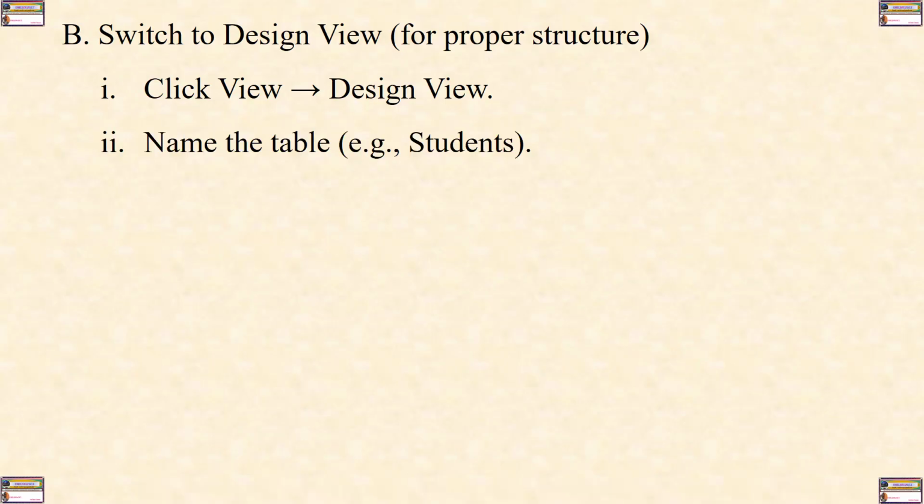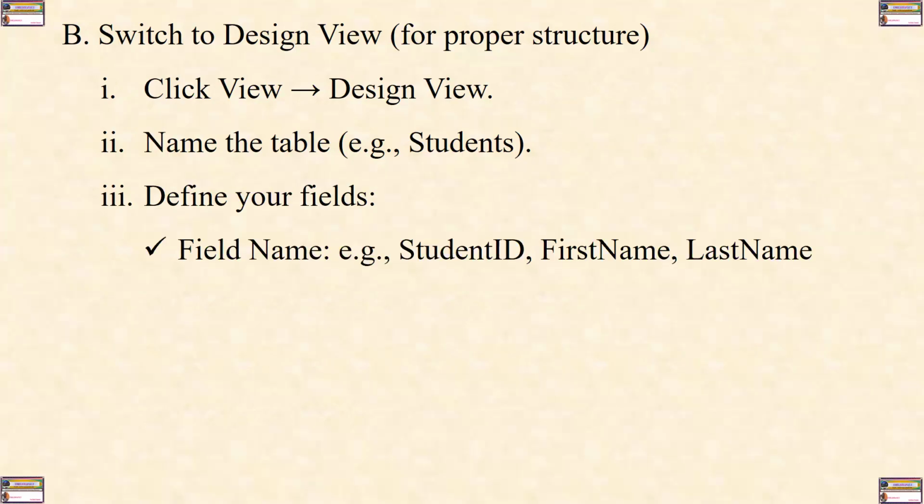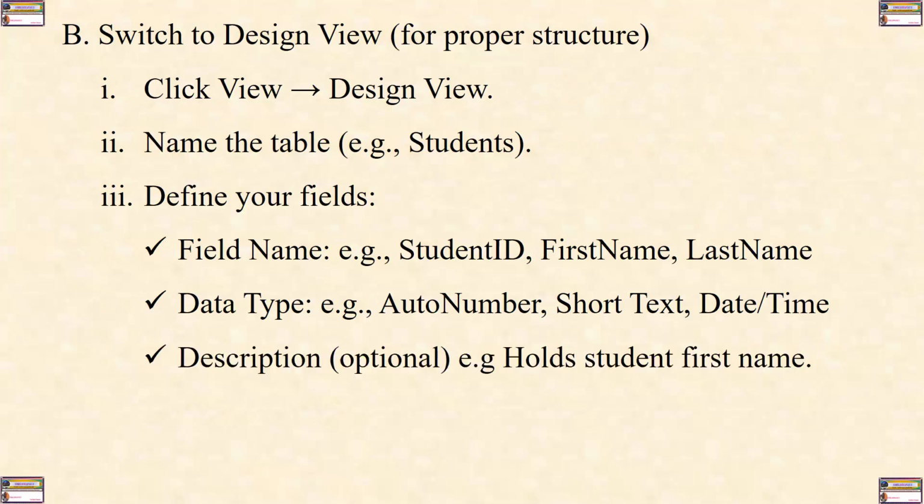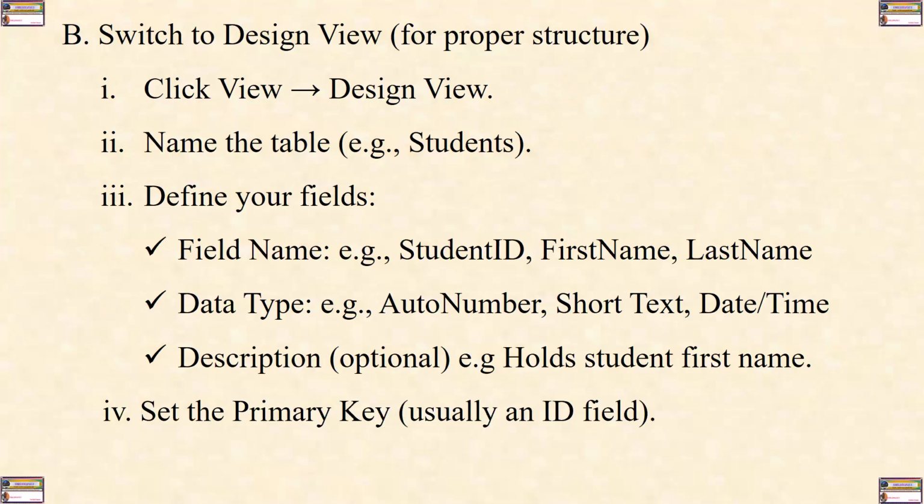Then you save your table by giving it a name, for example, students. And then you define your fields by setting the field names, for example, student ID, first name, last name. Then data type, for example, auto number, short text, date or time. Description, you type some text to tell somebody what the field does. And then you set primary key, which we call an ID field, and you save the table.